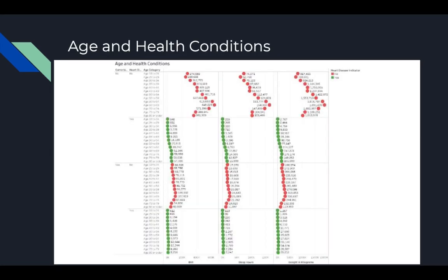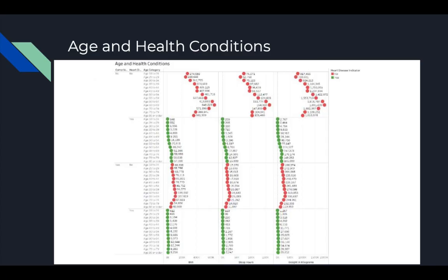In this slide, this visualization provides a detailed overview of how these factors correlate with age and health conditions. The data organization: each row represents a specific age category ranging from 18 to 80 or older. Columns are segmented into groups of individuals based on their health conditions, with or without comorbidities and heart disease, and related metrics, BMI, sleep hours, and weight.